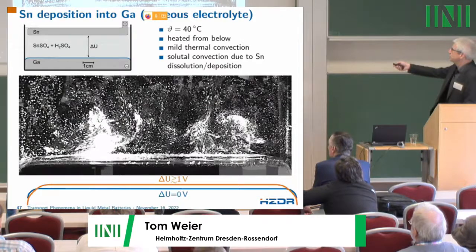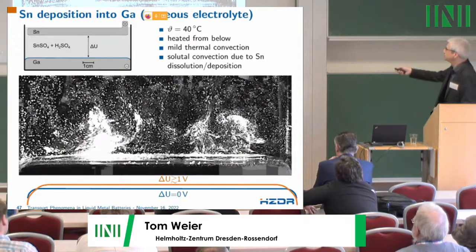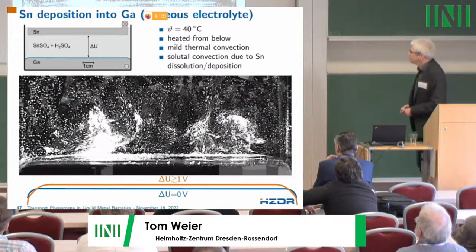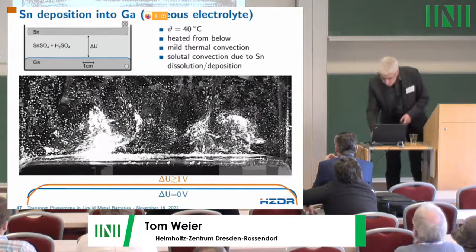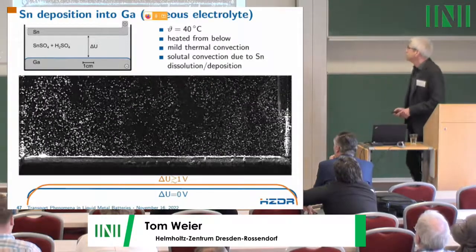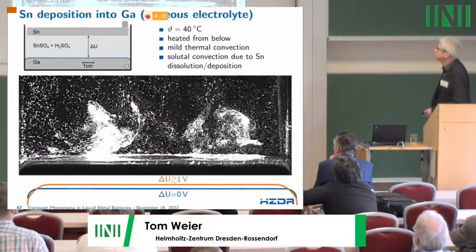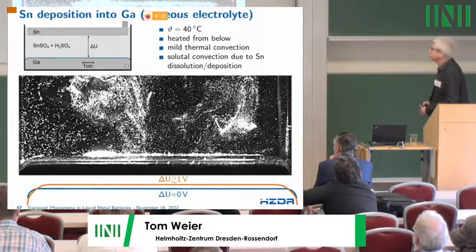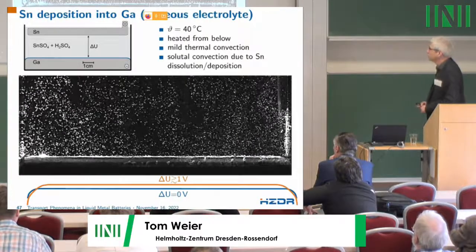So we are depositing tin out of the aqueous solution on top of the gallium. What we do in the movie here is we do nothing, and then we switch on the voltage of a bit more than 1 volt.